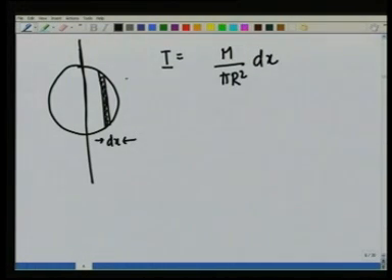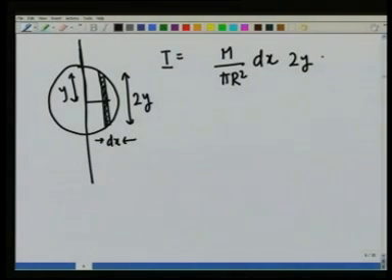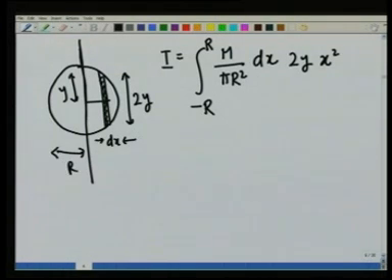dx times this length, which I will call 2 times y, where y is this length. Multiply this by x square and integrate from minus r to r, because this distance is r. What is y?